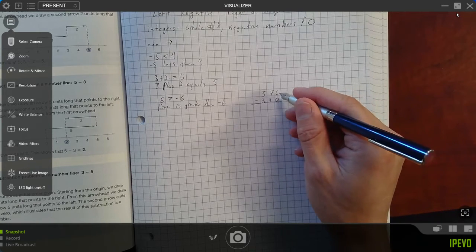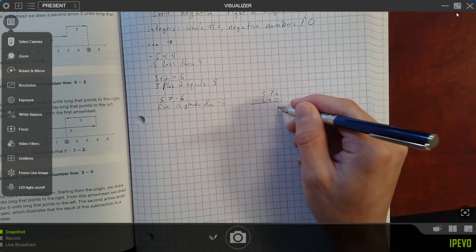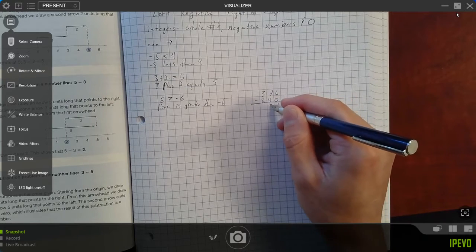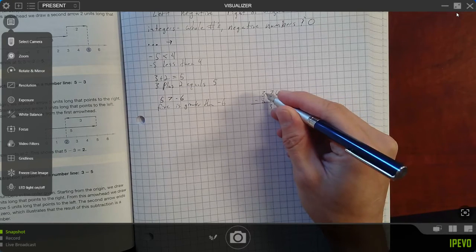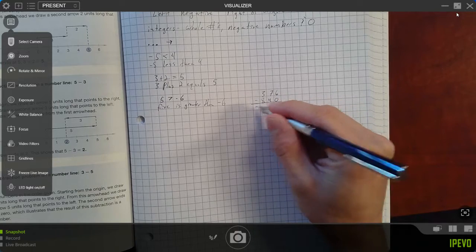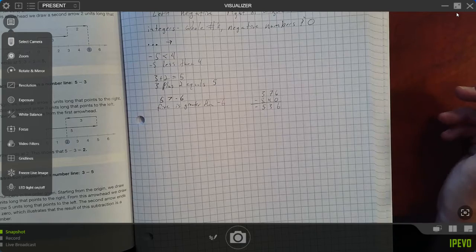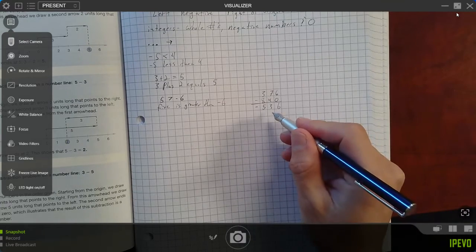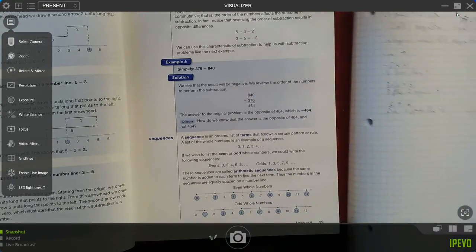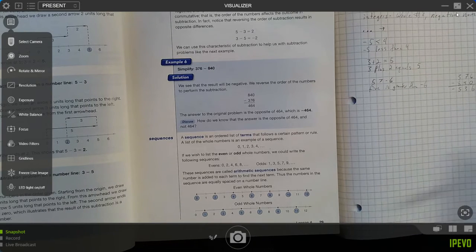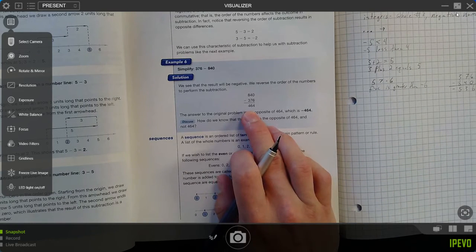You got 6 minus 0 is 6, 7 minus 4 is 3, 3 minus 8 would be -5. If you did -536, this is an incorrect answer. The correct answer, as you see here, is 464.